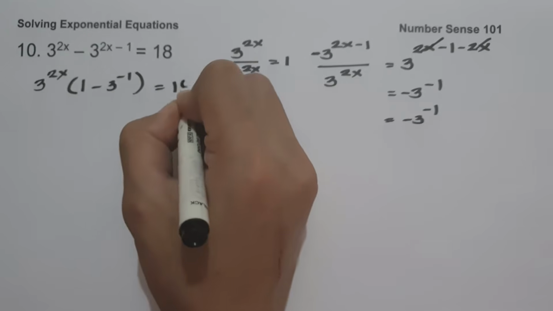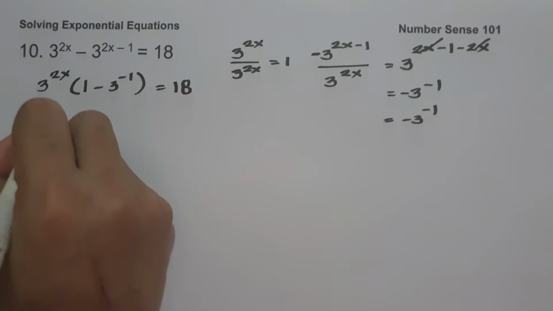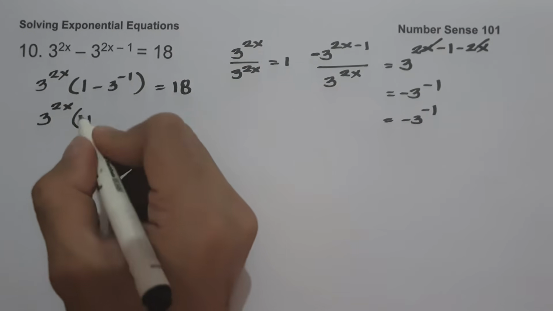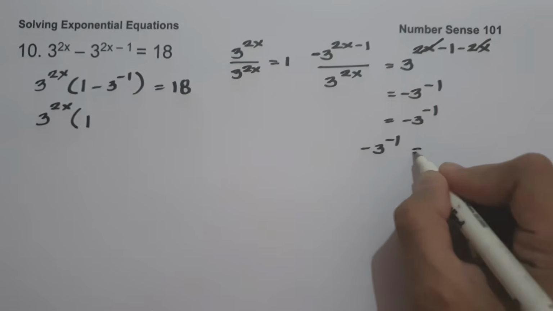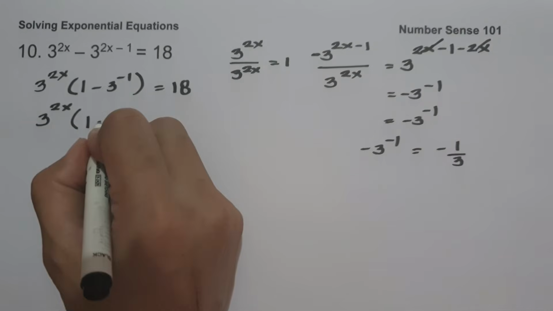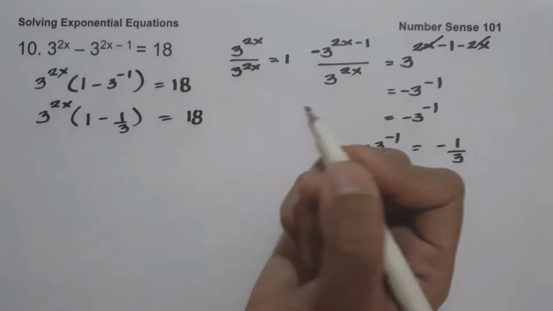And then we have 18. So to simplify, let us have 3 raised to 2x times the quantity 1. And let us write negative 3 raised to negative 1 as negative 1 over 3. So let us have negative 1/3 equals 18.